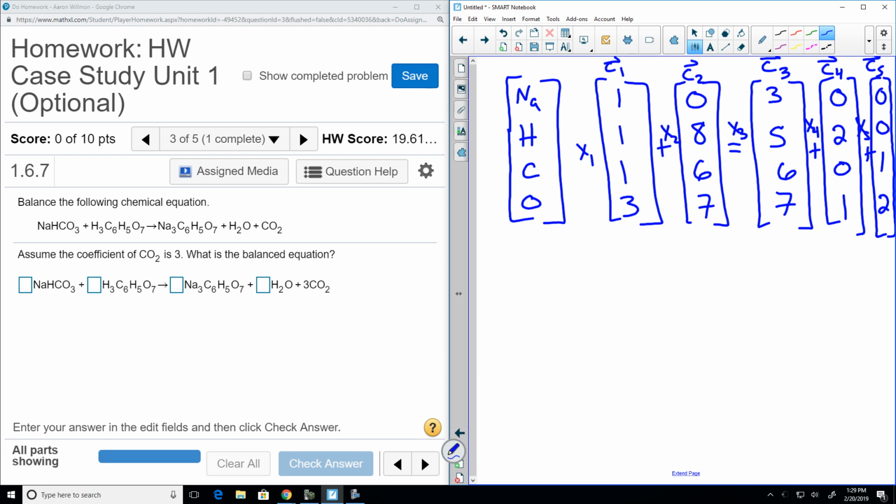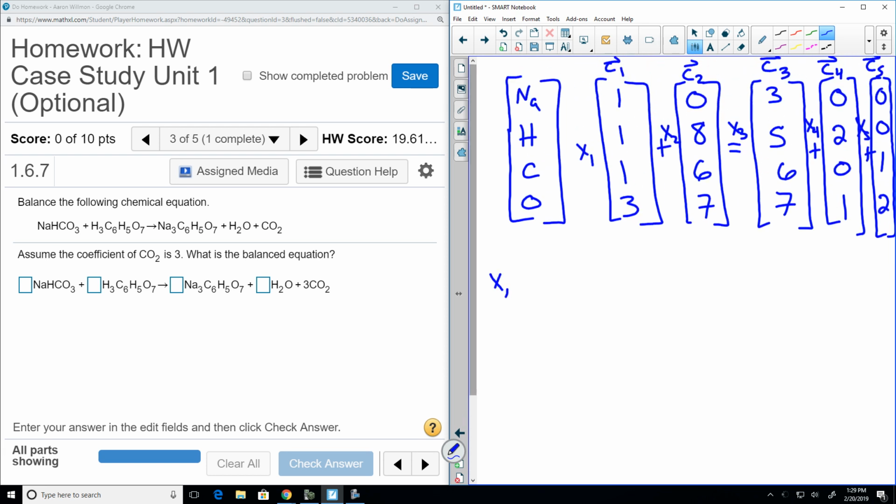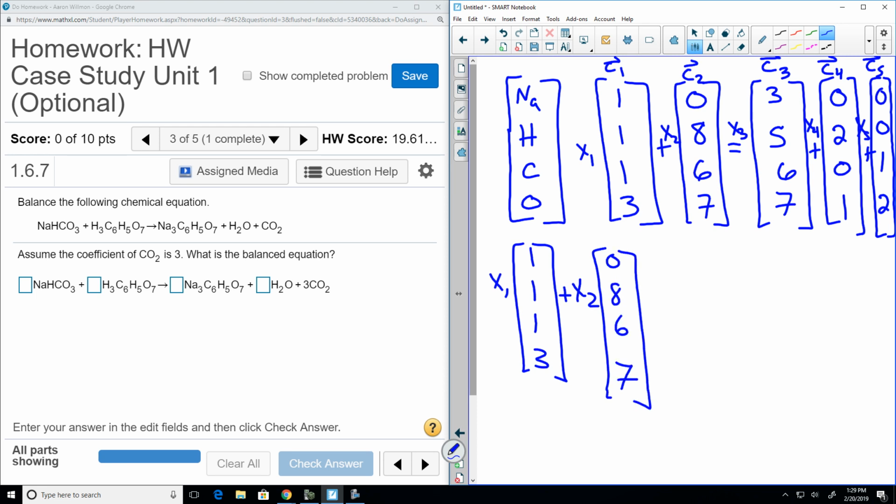So like the previous problem, we want everything on the left side. Okay? So I'm going to rewrite this. X1 plus X2. Try to write smaller this time. Plus X3. And because I moved this to the left side, I have to multiply it by -1. Right? So I'm just going to do it inside the vector.